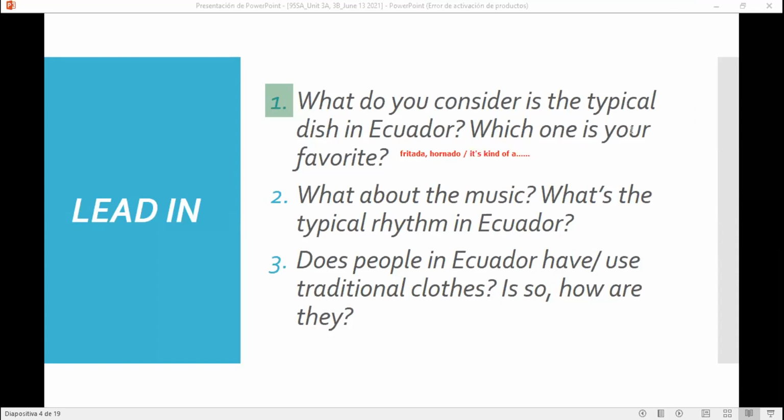So, let's see. Digna, what about the music? What's the typical rhythm here in Ecuador? Good morning, teacher. The traditional music in Ecuador are the pasacalles and San Juanito. Okay, yes. Pasacalles, also San Juanitos, ¿no?